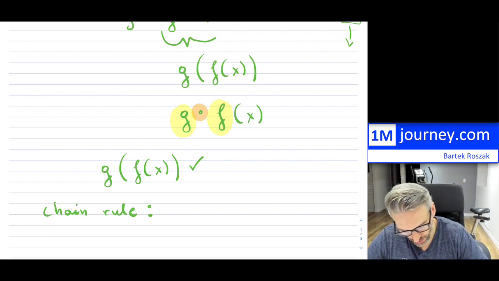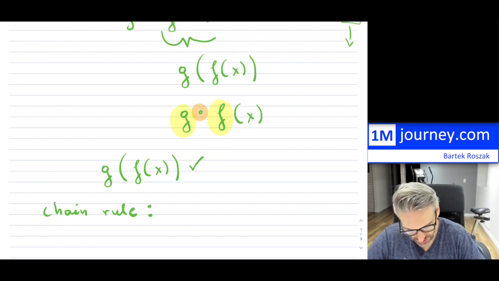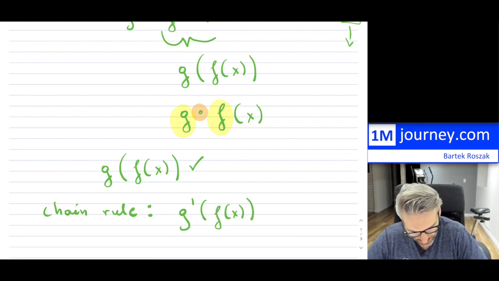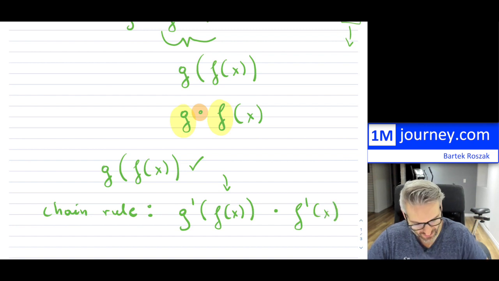So what we do is we take this function and we say that the derivative is simply the derivative of g, and we do nothing to this input f(x), and then we multiply it with the derivative of f. And that is the chain.